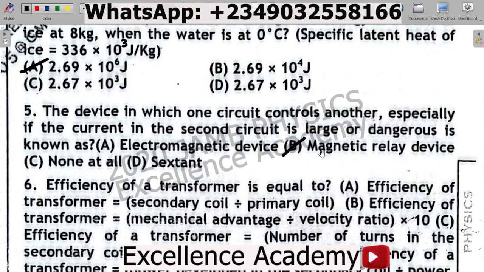If the current in a particular circuit is very large or dangerous, we could use a magnetic relay device to control it from a different circuit. So that's your correct answer.